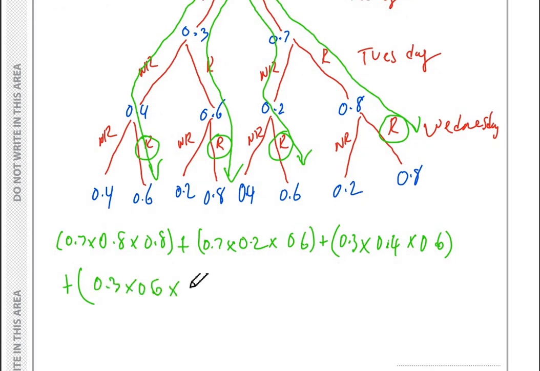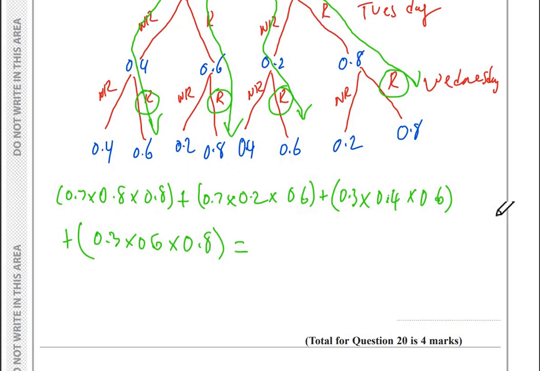So there we have all of our probabilities. Now we can simply calculate these. 0.748. So that's our probability.